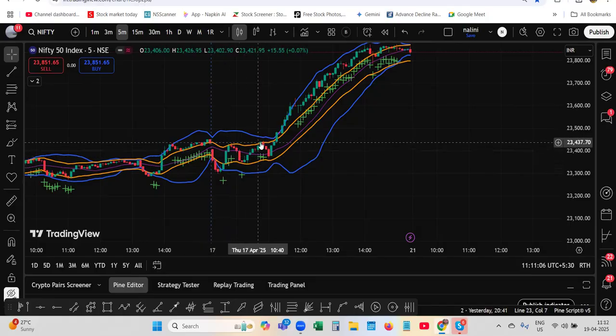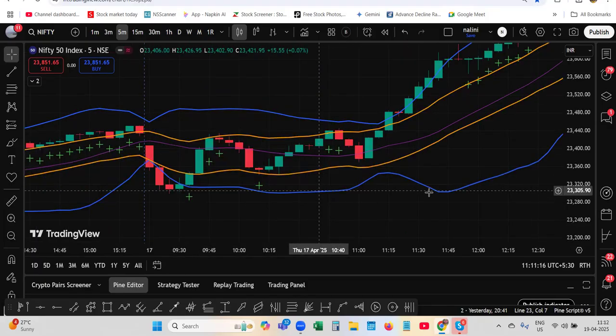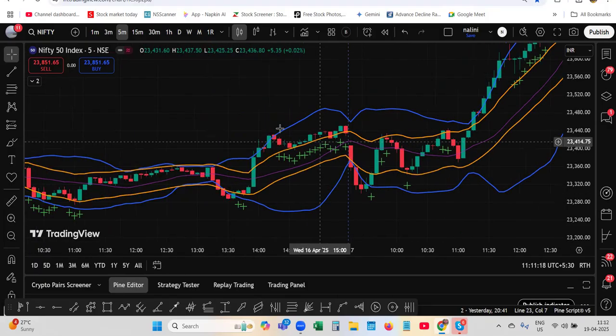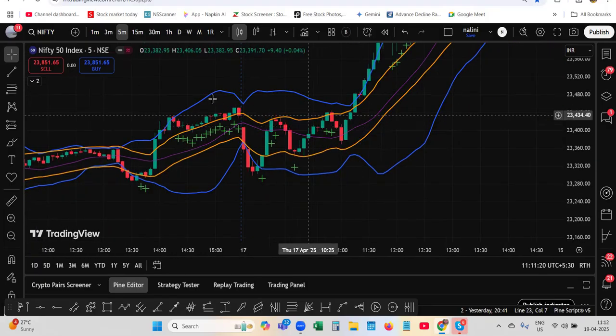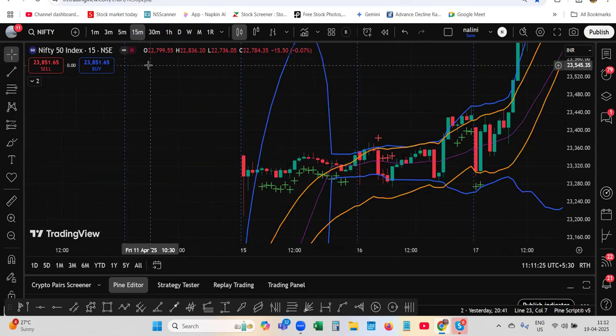And you can see there is a squeeze over here, a volatility squeeze. If I zoom it out, at one point of time, the Bollinger Band squeezed inside the Keltner channel. Not in this time frame.